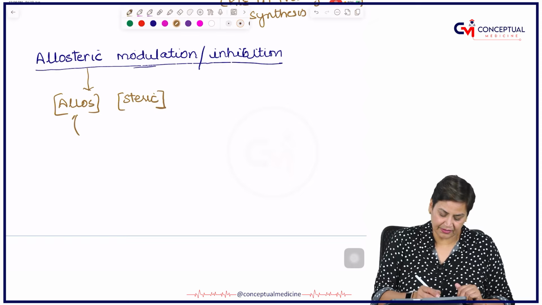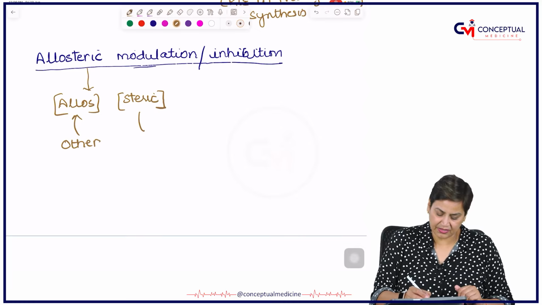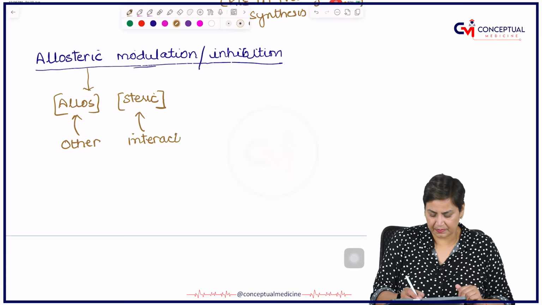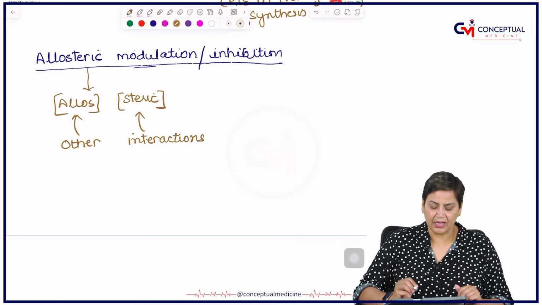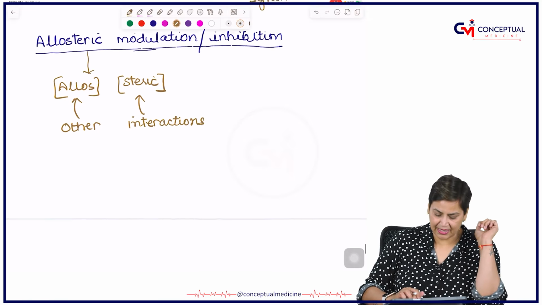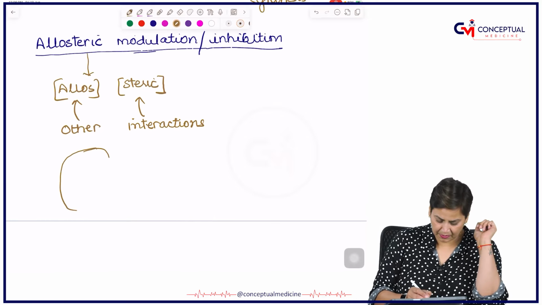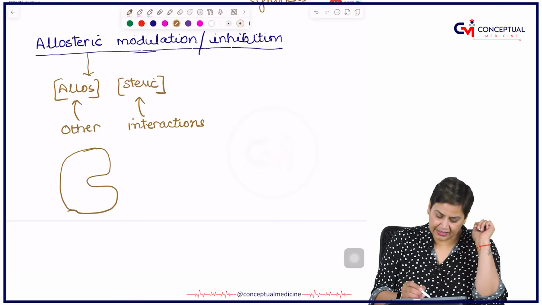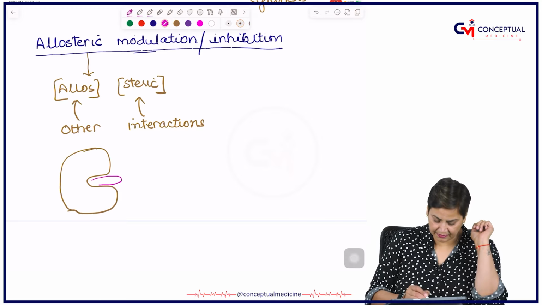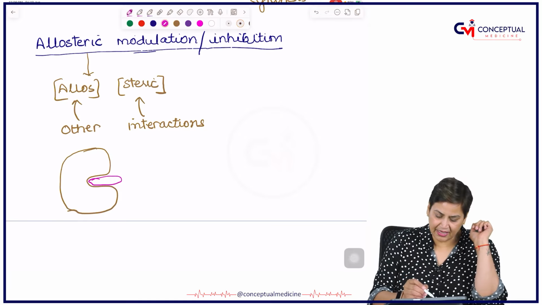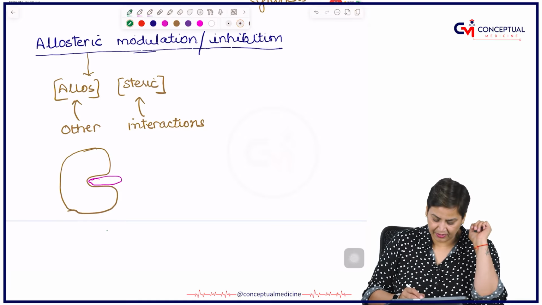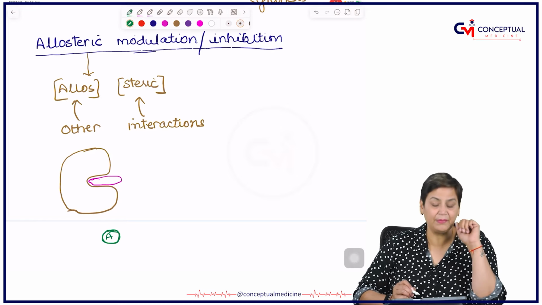Allos means other, and steric means interactions. So say this is the enzyme and this is the substrate. And say here lies your modulator. This is your modulator. I'll just name it A.